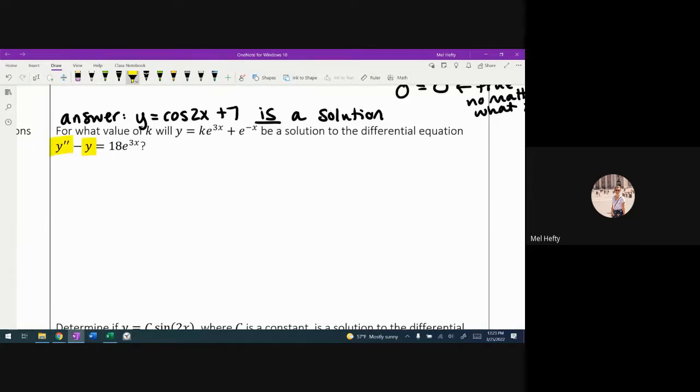Now notice I'm only plugging in for the y stuff, the y's, the y primes, the y double primes. I don't have to plug in for x stuff because that's not the thing I'm solving for. I'm solving for an equation that's like y equals. All right, you guys see the chain rule? I do. All right, so we're going to take a derivative of k e to the 3x. What do you think the derivative of k e to the 3x is?